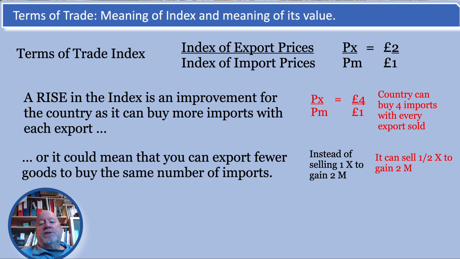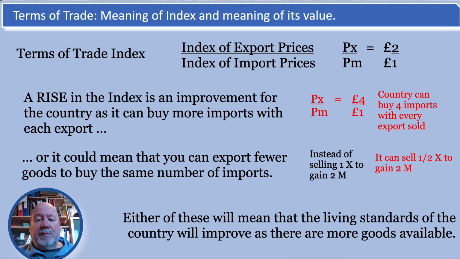So whichever way you want to look at it, it's going to raise the living standards of the country, because you're getting either more imports, that's an increase in the number of goods and services that your consumers can consume, or you're not exporting as many, and so again, that's an increase in living standards. Okay, so you link this to the living standard of the country. There's more goods available, and that's real GDP, the volume of goods that are available to your consumers.